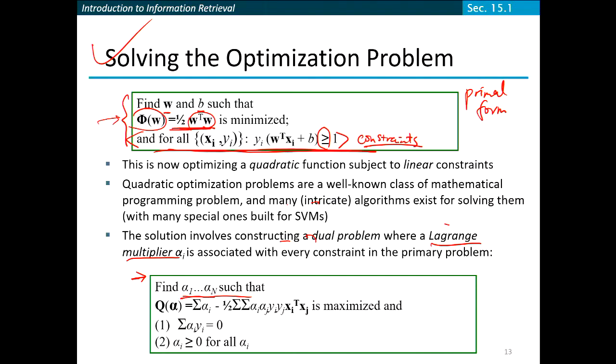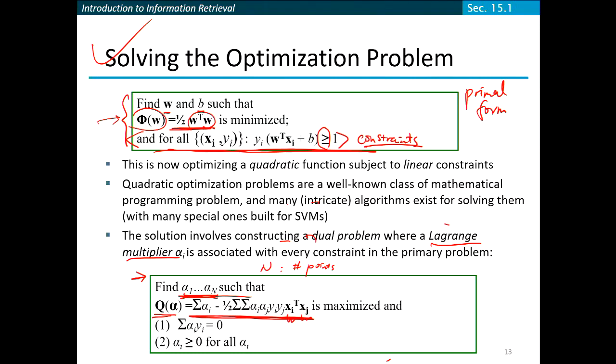So you are trying to find an assignment of alpha 1 to alpha n. This goes through each and every data point, so n is the number of points in the training data set. And our objective function now is a complex quadratic function. It's still a quadratic function because this is a vector-form quadratic function.